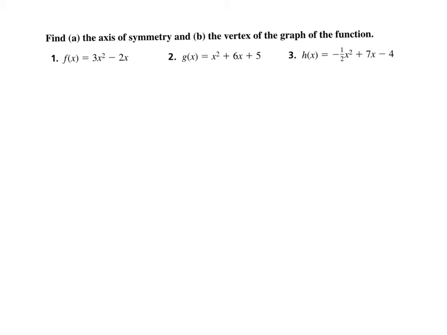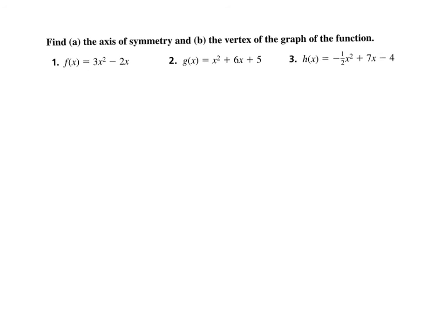So for these examples, we have to find the axis of symmetry and the vertex. So remember, axis of symmetry, the formula is x is equal to negative b over 2a.